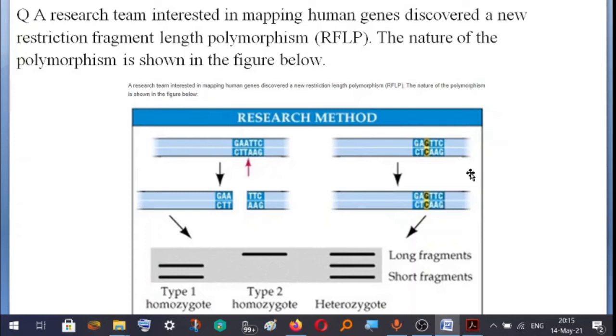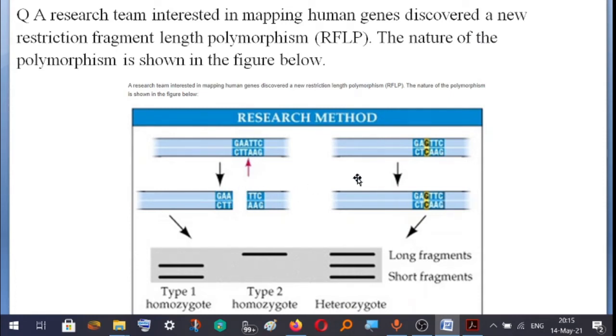A restriction site is a group of nucleotides that can be attacked by a restriction enzyme, and this enzyme cuts the DNA into two fragments like it is shown here. The restriction site is GAATTC. There is a particular restriction enzyme which can identify this restriction site. It can come and bind on this restriction site, and it cuts the DNA into two fragments.